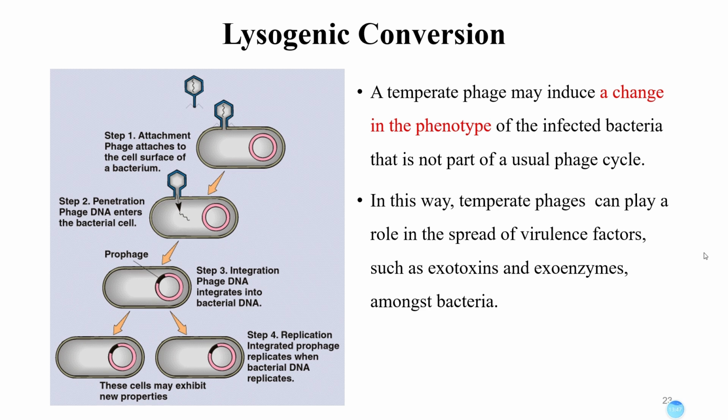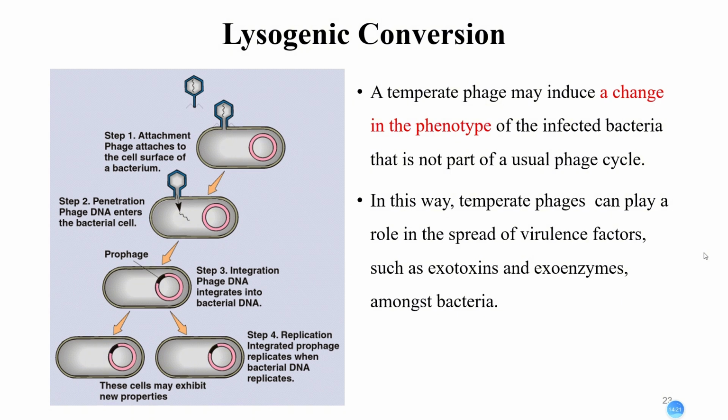And this is not part of the usual phage cycle. What happens is that if the phage genome, the phage DNA, carries some special gene, such as an antibiotic resistance gene or a virulence factor gene, then when it integrates its DNA into the bacterial chromosome to form the prophage, that special gene is already inserted into the bacterial chromosome.